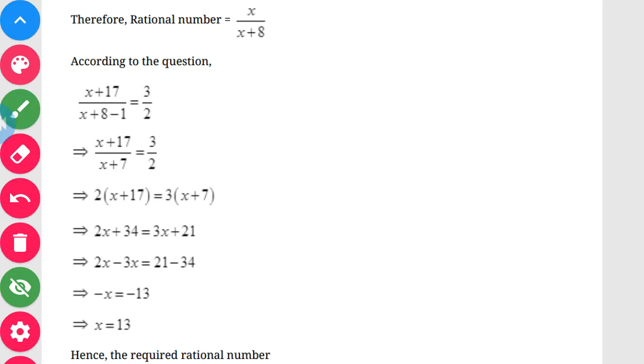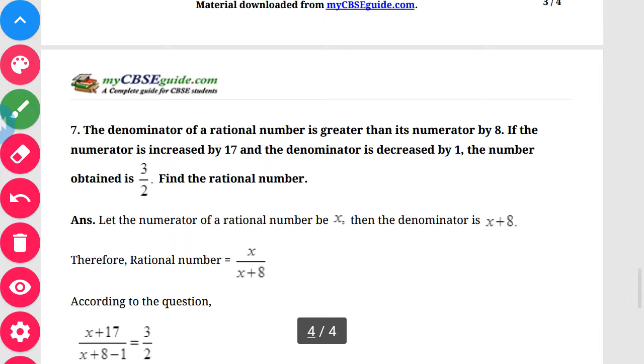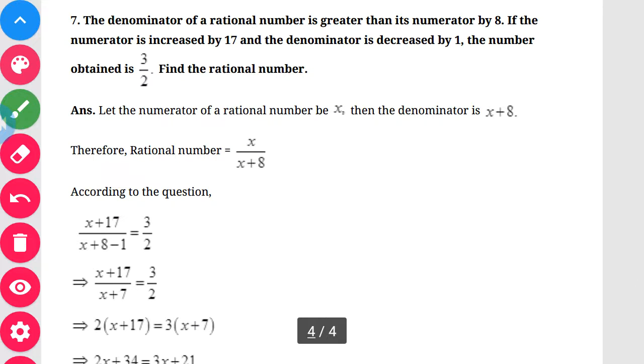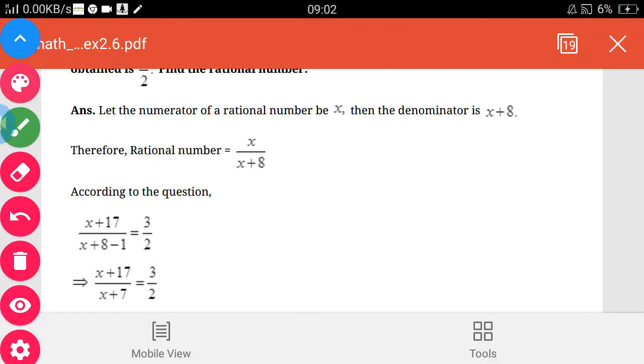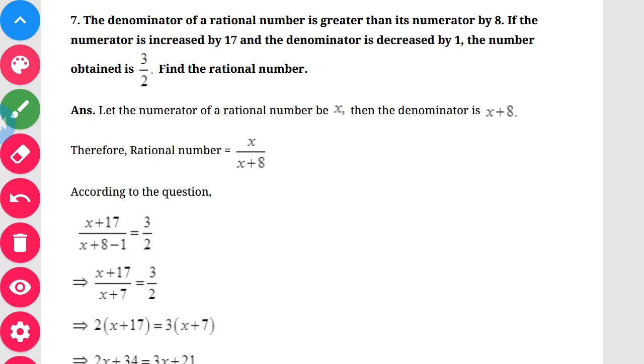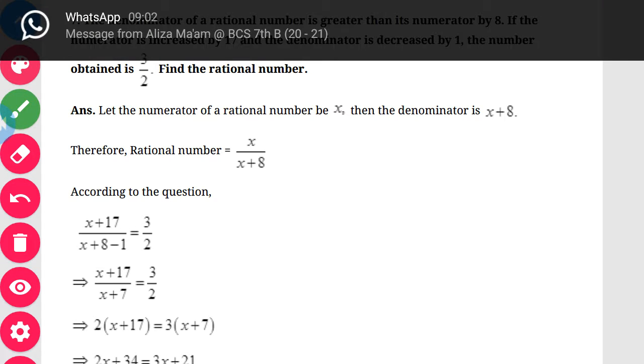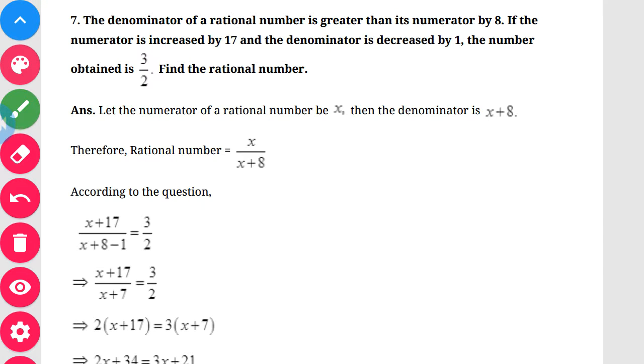Now once you get this, it's very easy to solve. Let me tell you once again. The condition they gave us is that the denominator of a rational number is greater than the numerator by 8. So if the numerator is x, the denominator is greater by 8, which means more, so that becomes addition, x plus 8.